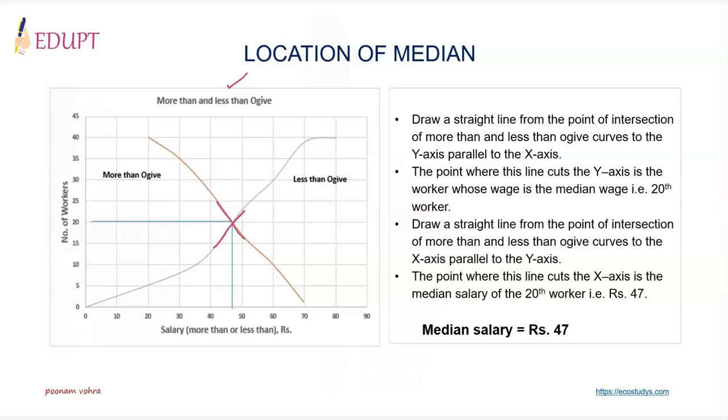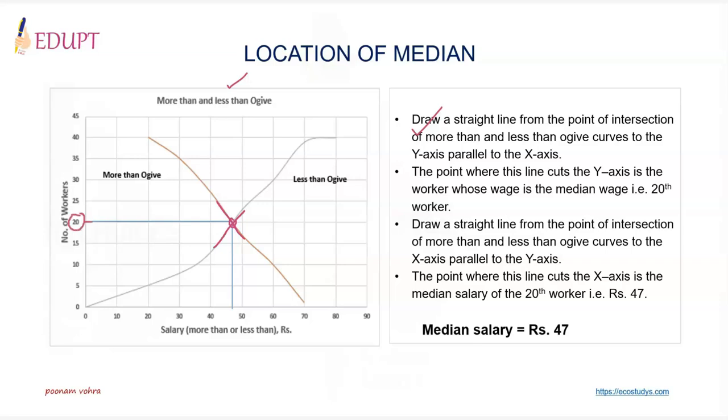So we come across a point where the two curves intersect. We are concerned with this point, and you need to draw a straight line from the point of intersection of more than and less than or give to y-axis, which is parallel to x-axis, and we reach at this point.